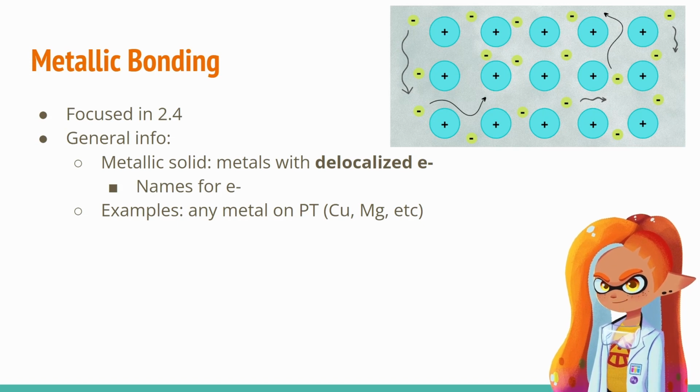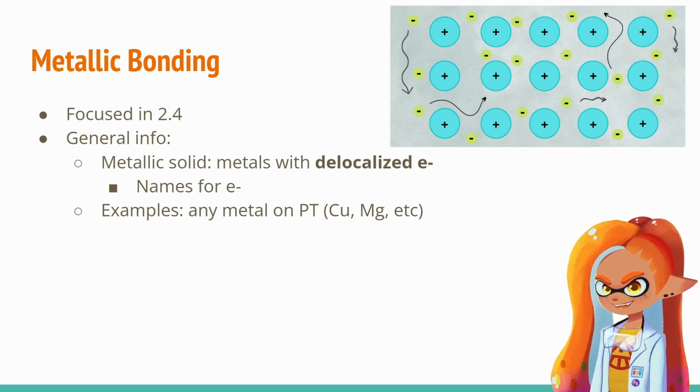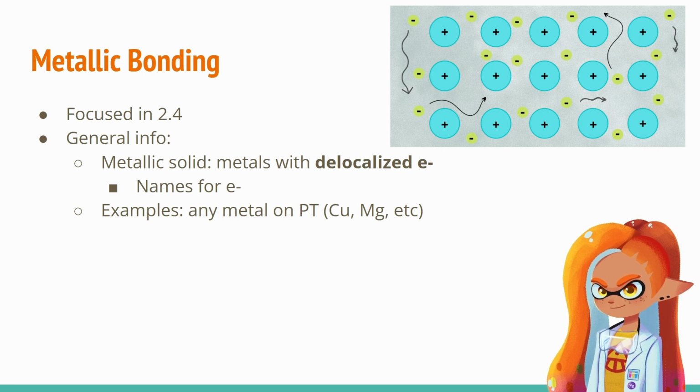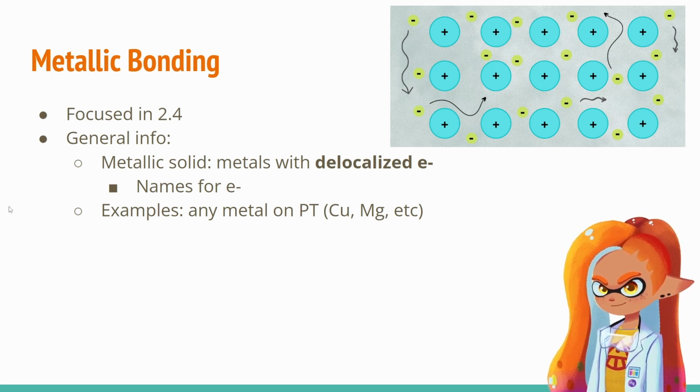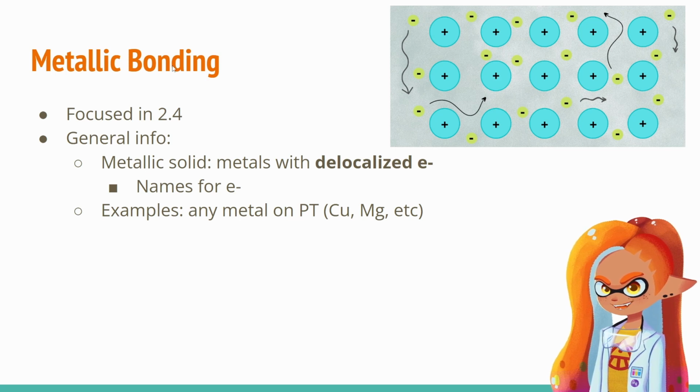Metallic bonding, we're going to focus on in 2.4, but we're going to talk about some general information just to give you a taste of it since this was the intro section. And so metallic bonding is dealing with, as implied, metals. And usually we focus on metal solids. And so we have a metal solid here, and you can see they're spaced out in a particular way.